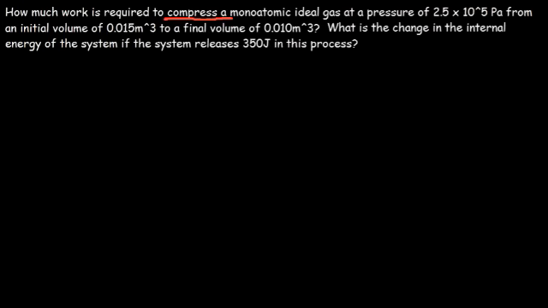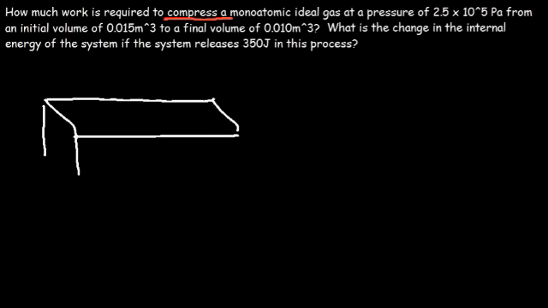So what equation can we use to calculate the work required to compress this gas? Earlier in the video, I mentioned that for isobaric processes, the work is equal to the pressure times the change in volume. But let's derive that equation. So let's say we have a gas trapped in this rectangular solid.